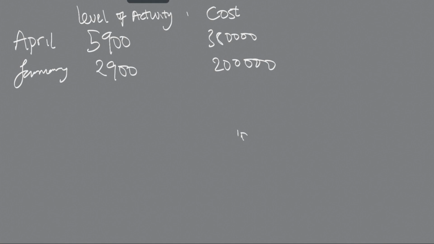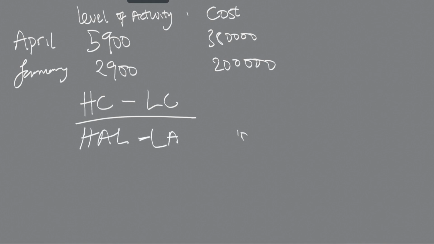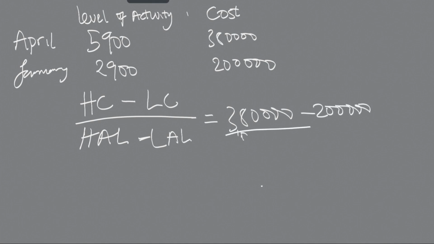Like we've solved before, calculating variable cost per unit is the highest cost minus the lowest cost, divided by highest activity level minus the lowest activity level. The highest cost here is 380,000 minus 200,000, divided by 5,900 minus 2,900.